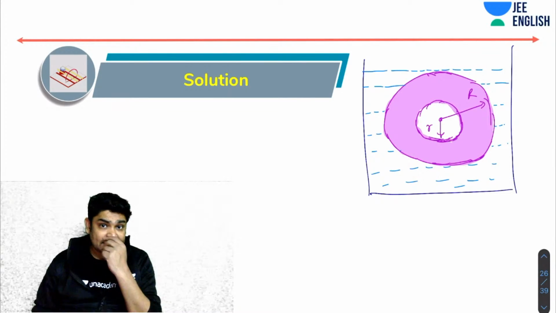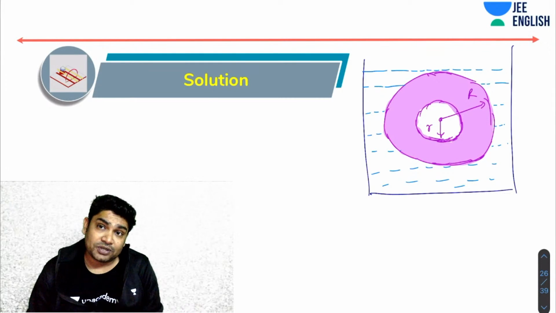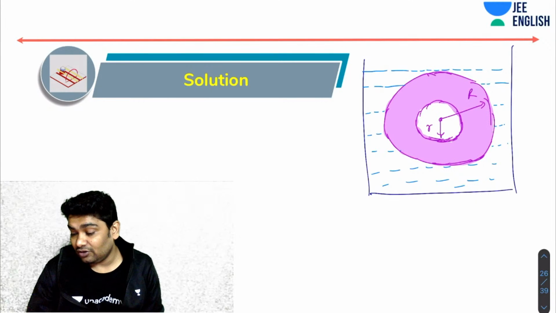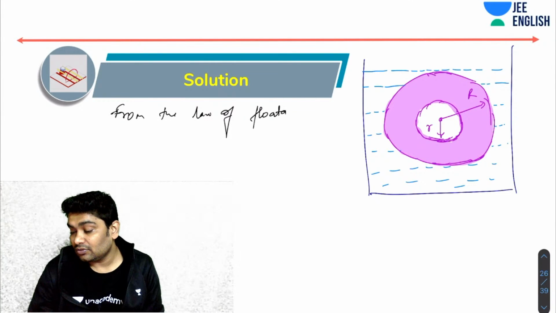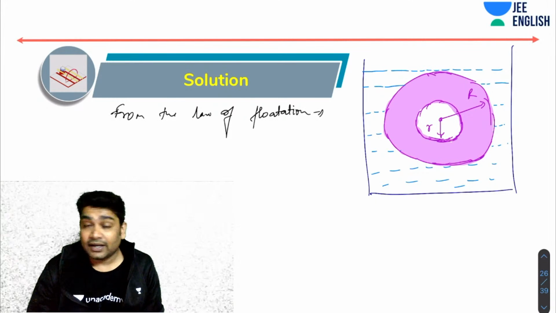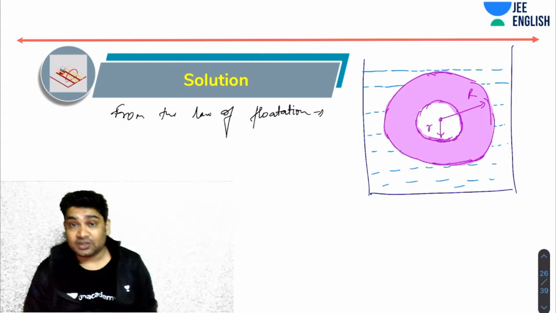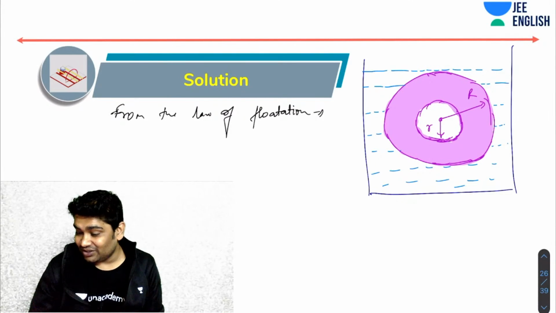So now what I can say is from the law of flotation, the weight of the floating object should be equal to the buoyant force. Can I say that the weight of this should be equal to the weight of the liquid displaced? So the weight of this would be rho, sorry, sigma. Sigma was the relative density.